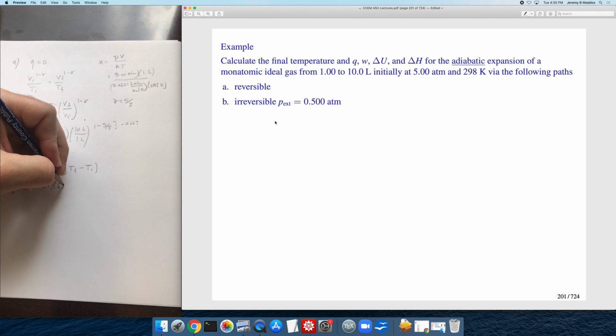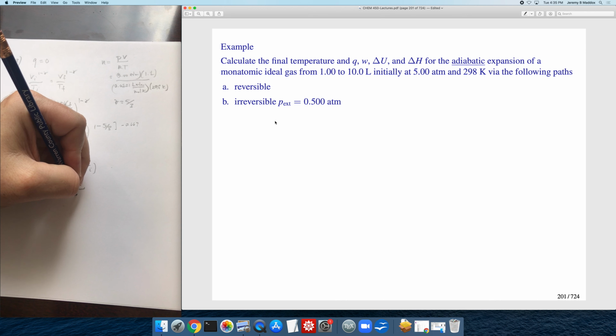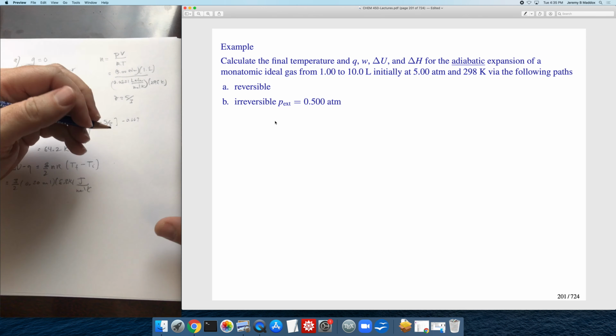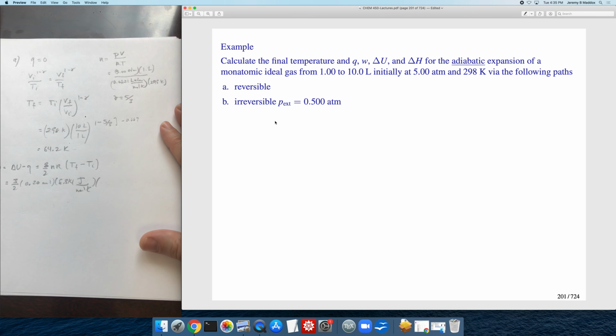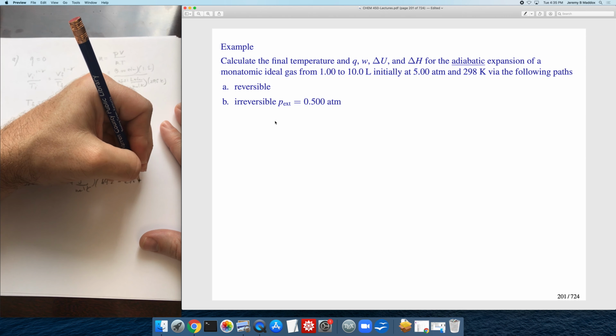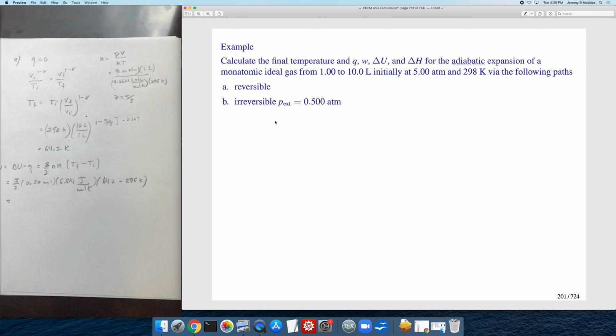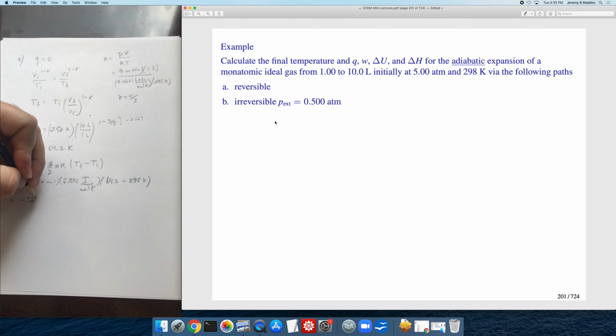Now we'll use the 8.314 joules per mole Kelvin. And then our temperature difference, we've got 64.2 minus 298. I'm getting minus 583 joules out of that calculation.